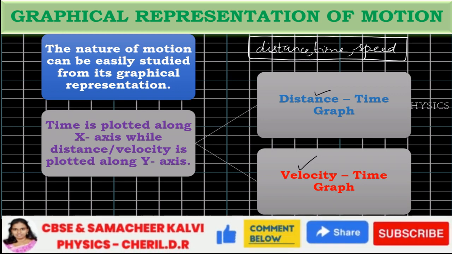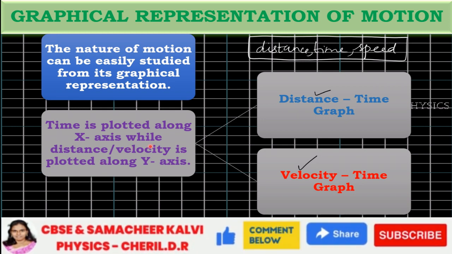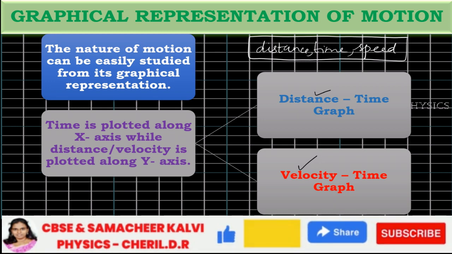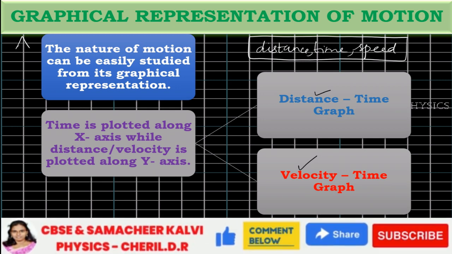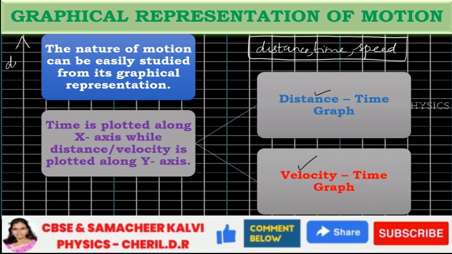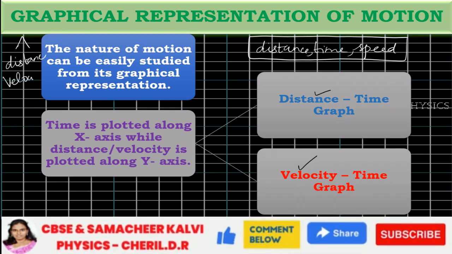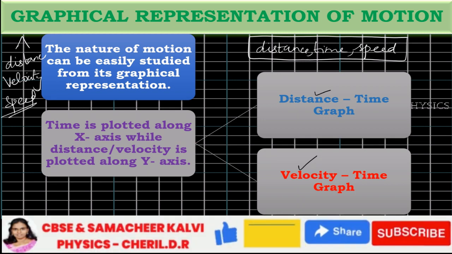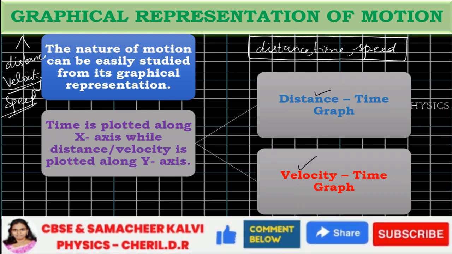Time is plotted along the x-axis while distance or velocity is plotted along the y-axis. So our graph is always in this way. The y-axis will always be either distance, velocity, or even speed. Sometimes if the question says speed time graph, it is speed and time.